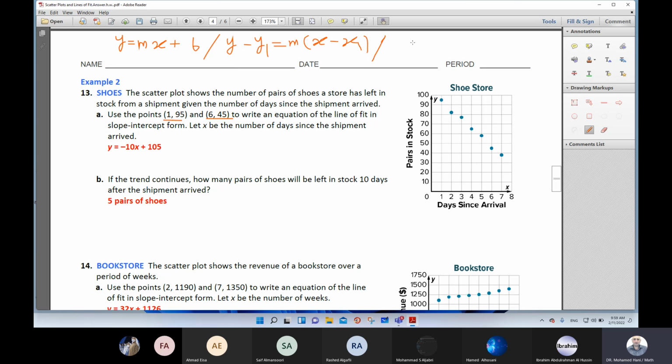Then as you remember, the value of slope is y2 minus y1 over x2 minus x1.